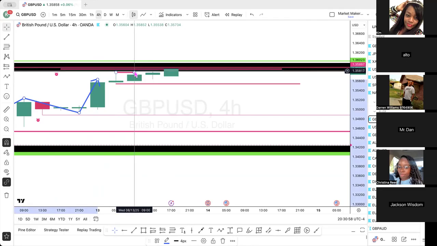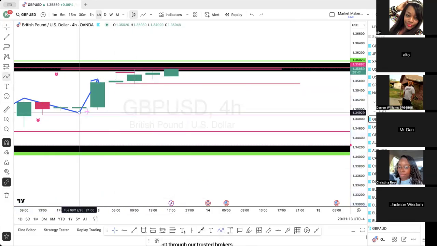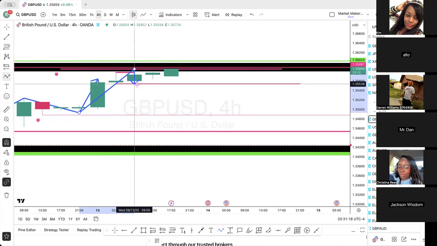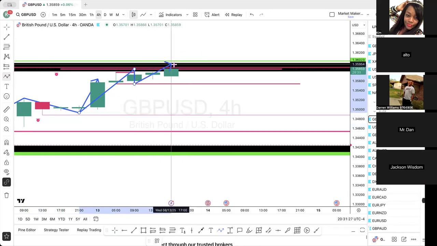If this candle closes above this high, it is structure. Price came up here, pulled back, and then broke. If this candle closes above and then it closed here, that's the new structure.